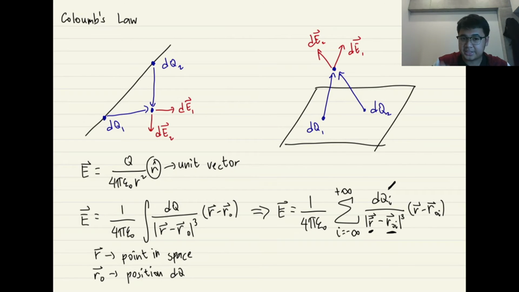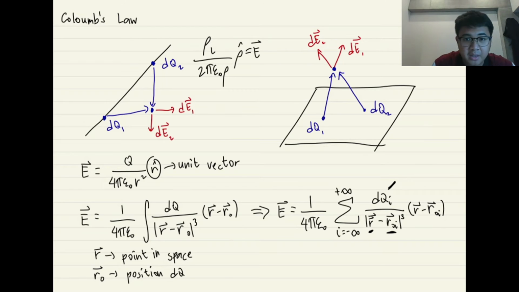So for your line charge density, if it's on the z-axis, the expression is, okay, so this is the electric field for the line charge density.